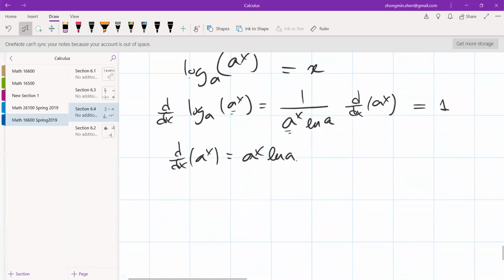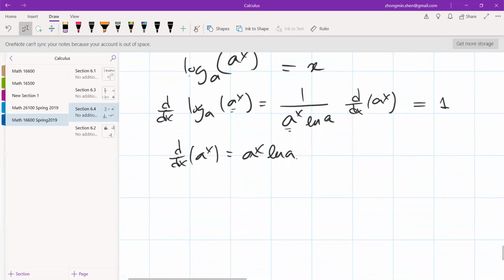You just define the natural log function to be the integral of 1 over t from 1 to x. And then you find all the formulas, and then you define the exponential function to be the inverse function. Okay?